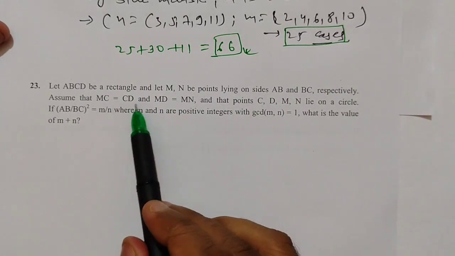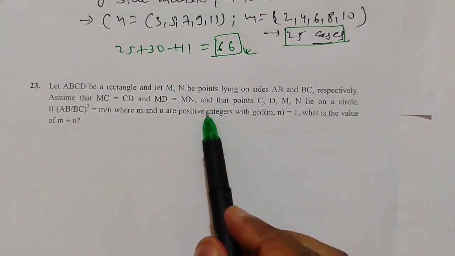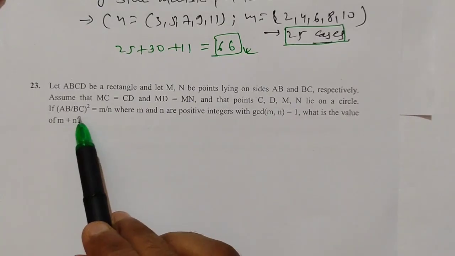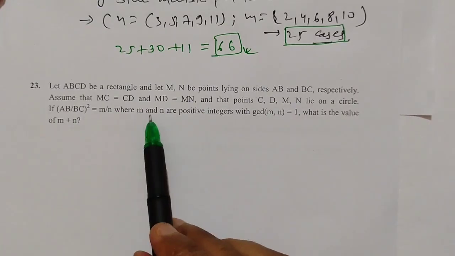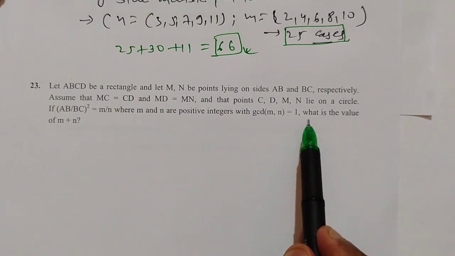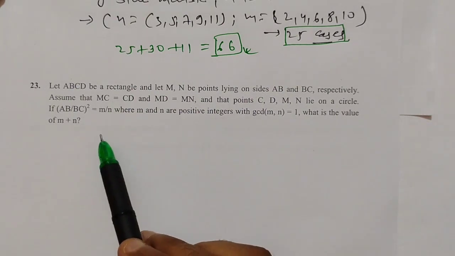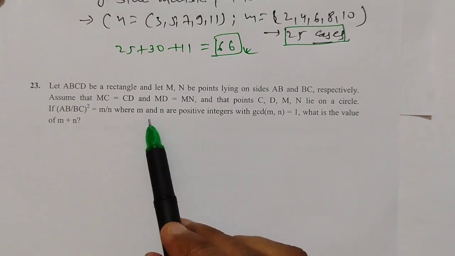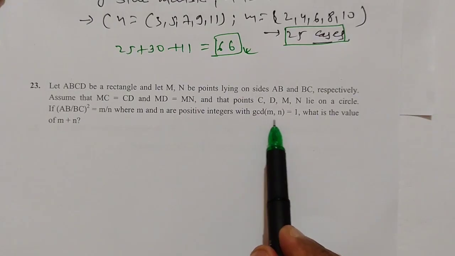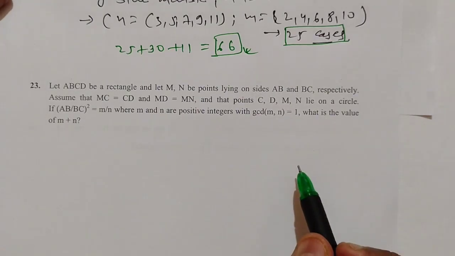Assume that MC is equal to CD and MD is equal to MN, and that points C, D, M, N lie on a circle. If (AB/BC) whole squared is equal to m by n, where m and n are positive integers with greatest common divisor 1, what is the value of m plus n?